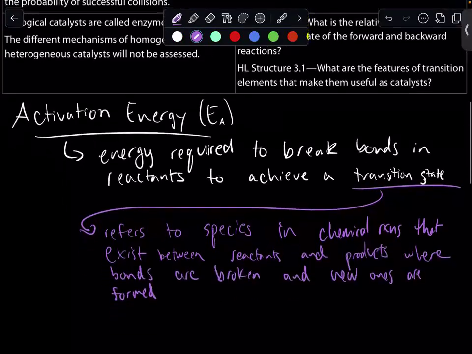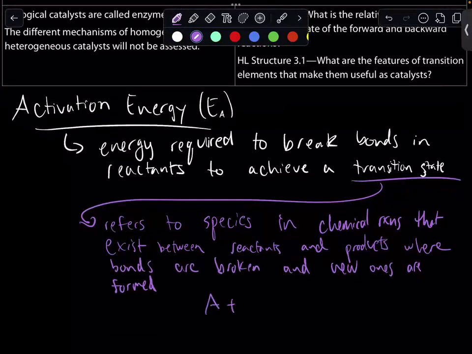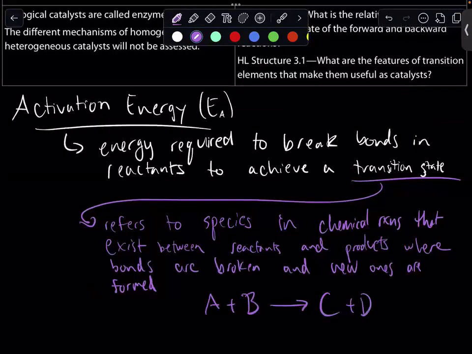It's kind of like what's happening in the arrow when you do A plus B reacts to form C plus D. This is our transition state. It's that arrow. It's what's going on in between. So we have activation energy as the specific energy needed to achieve that.